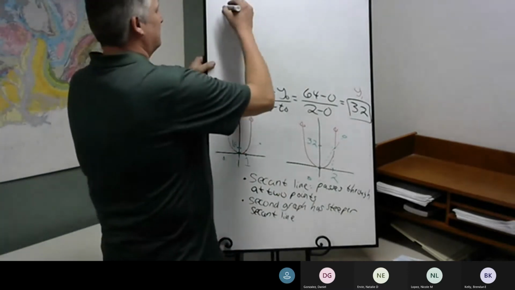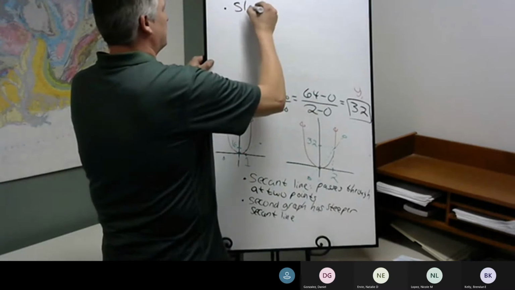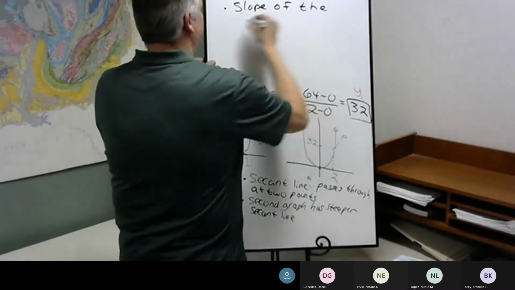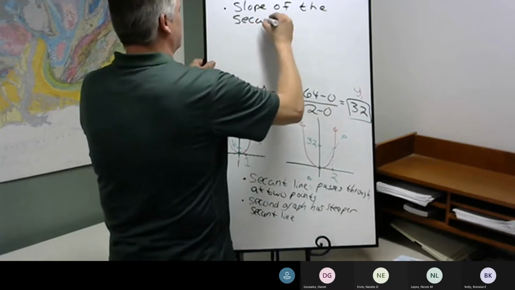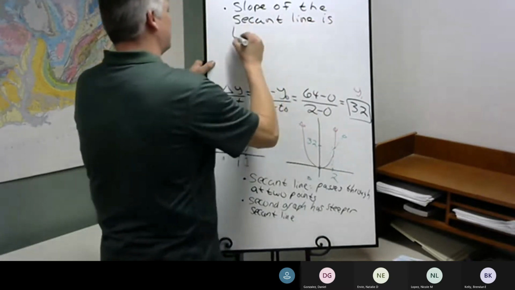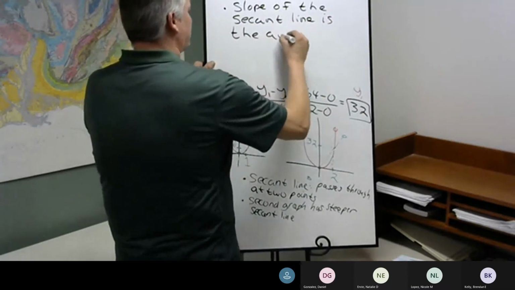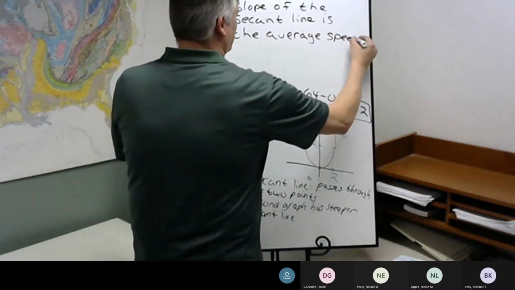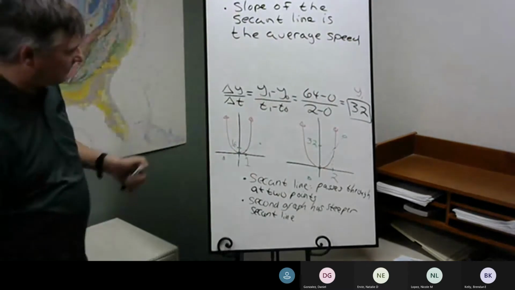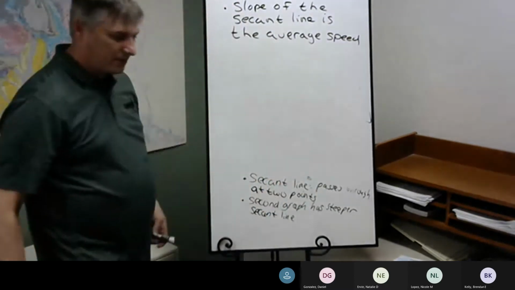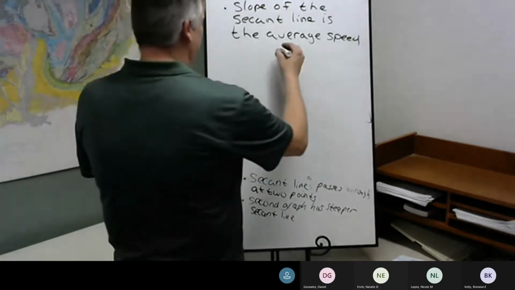So it turns out the slope of the secant line is the average speed. And you can see this from how we're calculating the secant.